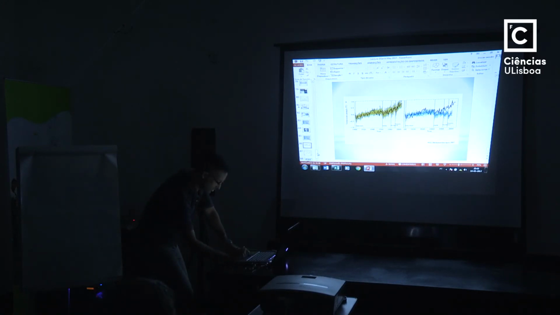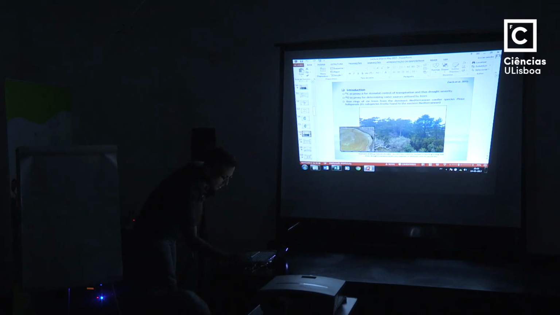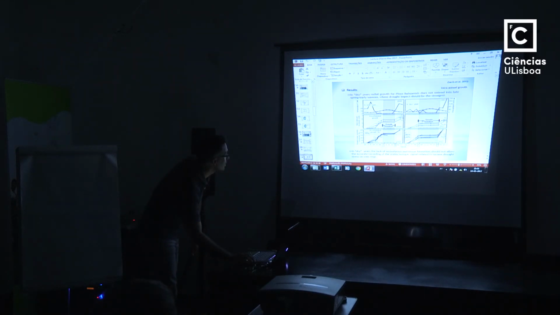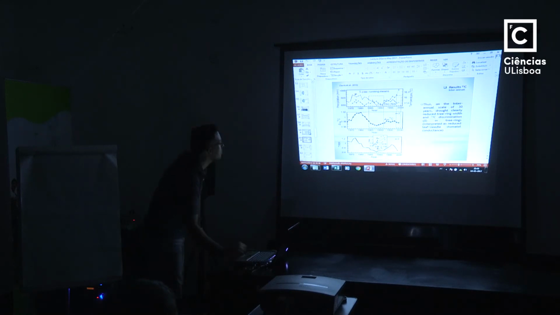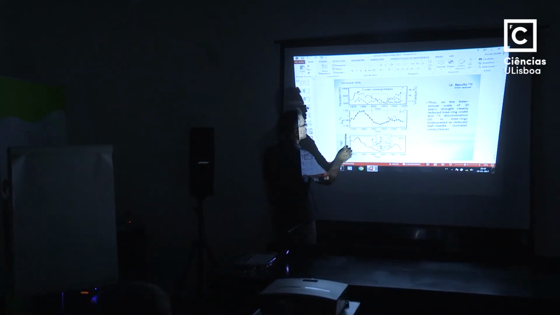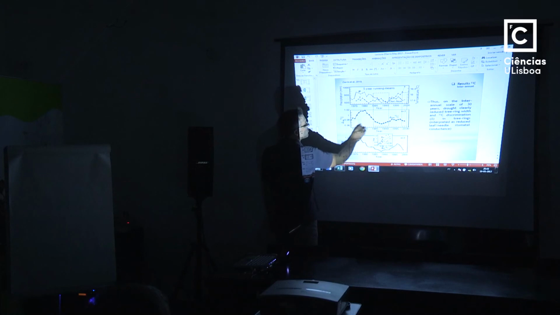So, the other things that you can do, but I did not talk about them because we don't have time, is stable isotope analysis. And you can get the responses of the trees to drought based on isotopes. There's no time to show this, but this shows, for example, again here, rainfall from the same region of Samos, and this is delta 13C.